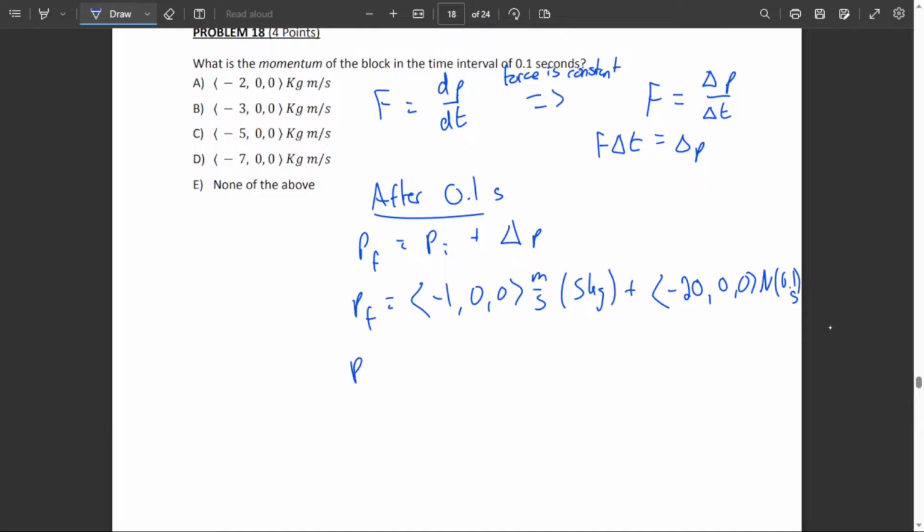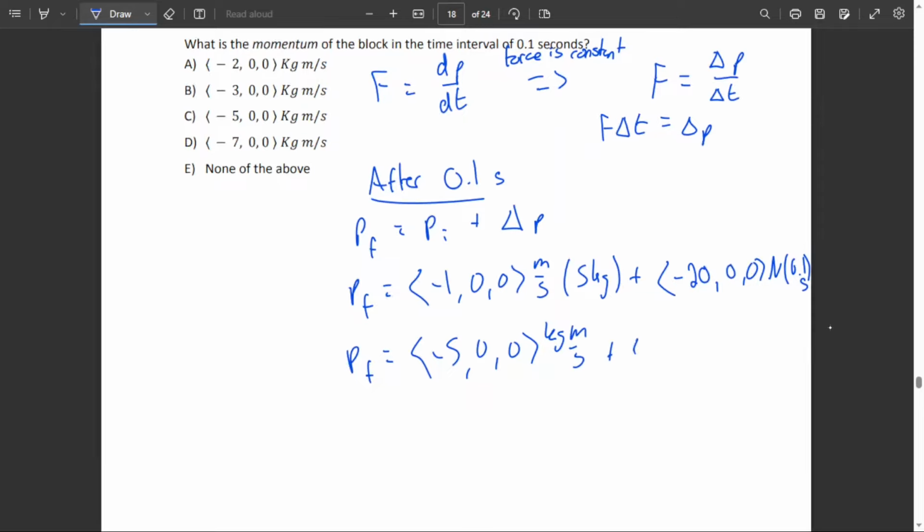So final momentum is minus 500 plus minus 200. So our answer is minus 700.